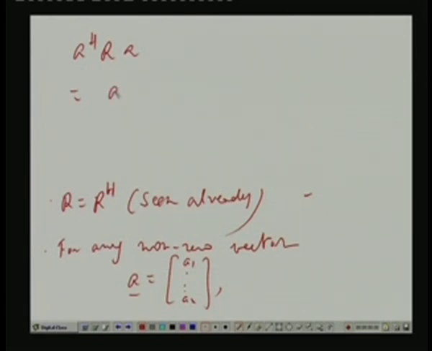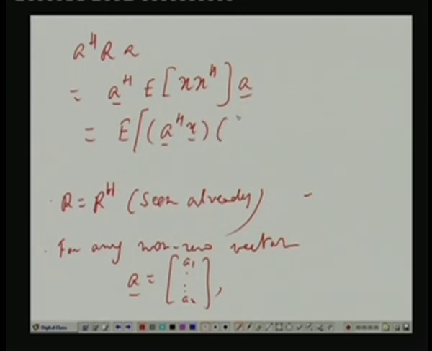You can write A Hermitian R A, which means you can push the A vectors inside the expectation operation, because after all A vectors are just non-random deterministic vectors. I think we did it last time, but today I am doing it elaborately because this is very conceptual, and there is nothing wrong in repeating this.